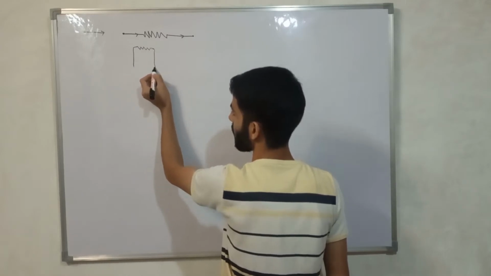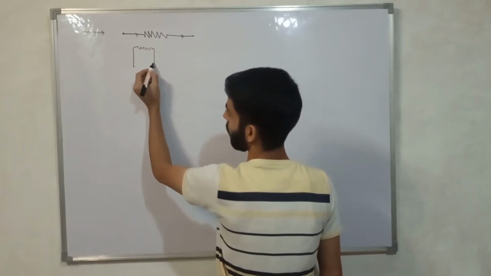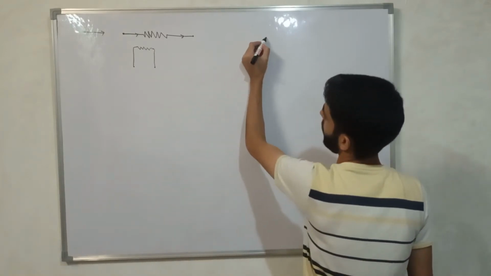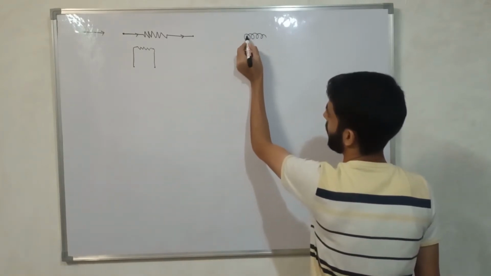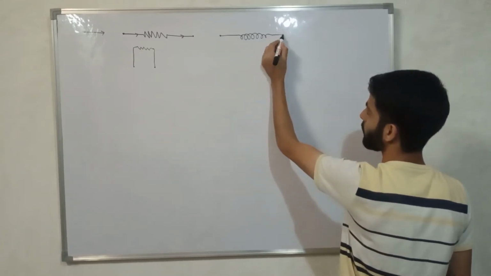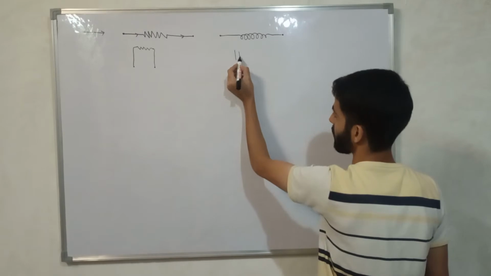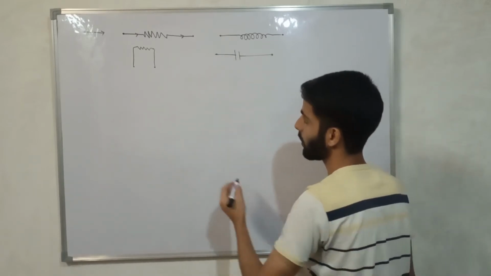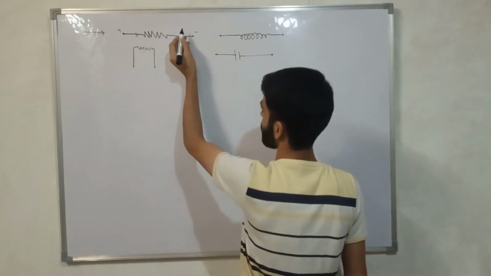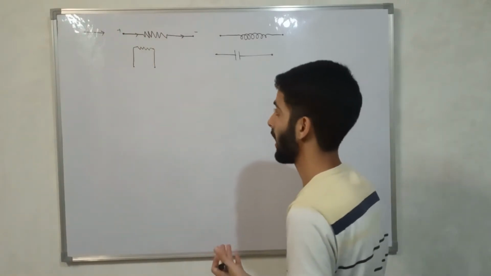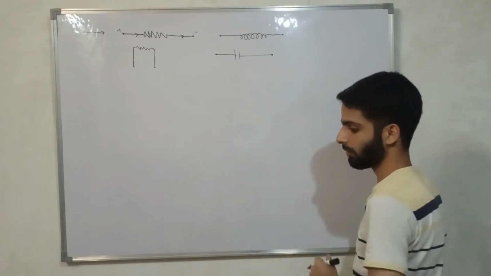Similarly, an inductor is the same case, and the same is the case with a capacitor as well. They are uniport networks, if we give the convention of the current entering and the current exiting.